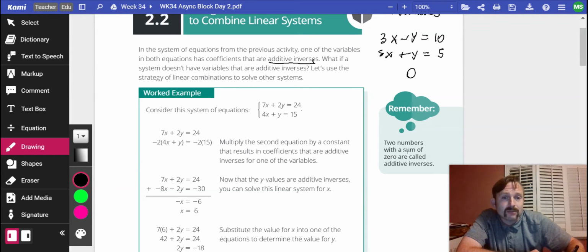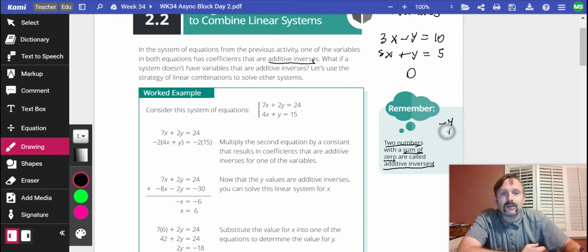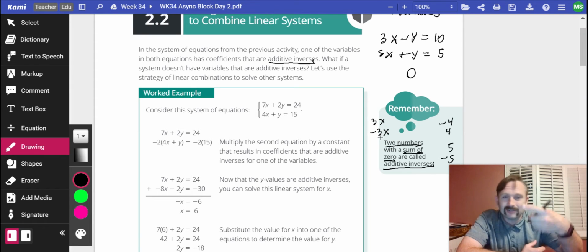Two numbers with a sum of 0 are called additive inverses. Let's give an example. Negative 4 and 4. What about 5? 5 and negative 5. What about 3x? 3x and negative 3x.